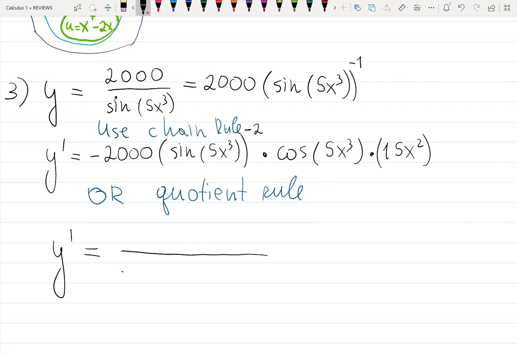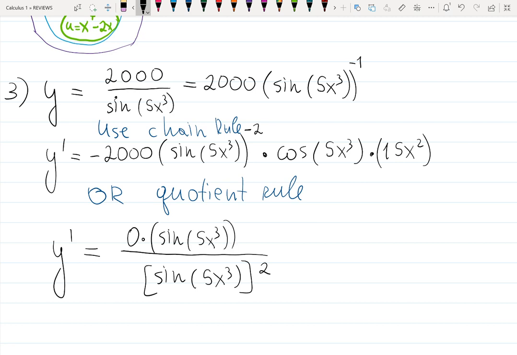And then for the quotient rule, I'm recommending to square the denominator first. Now, derivative of the top is derivative of 2,000. What is derivative of 2,000? Yes, that's 0 because it's a constant. Then it doesn't even matter what comes after this when you multiply, because everything times 0 is 0. But if you want to follow the rule, you can write down sine 5x cubed over here, but the whole first term will be 0.